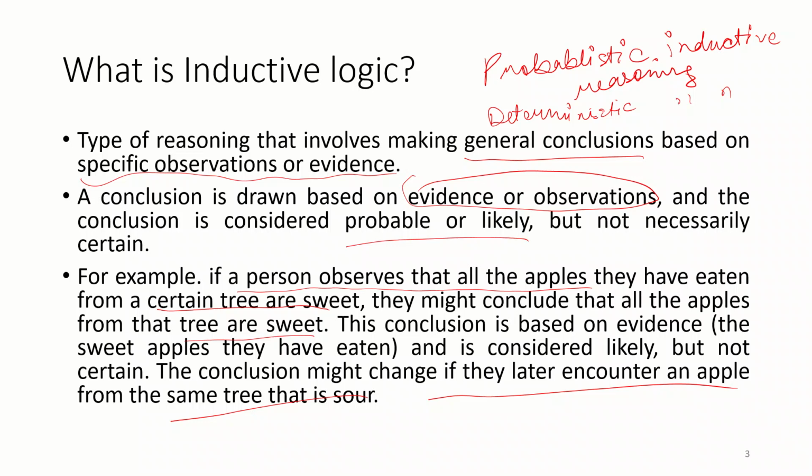And in deterministic, if it is not otherwise disproved, till then it holds. Unless we find an apple with a sour taste, it is concluded that the apples from that tree are sweet. Correct.